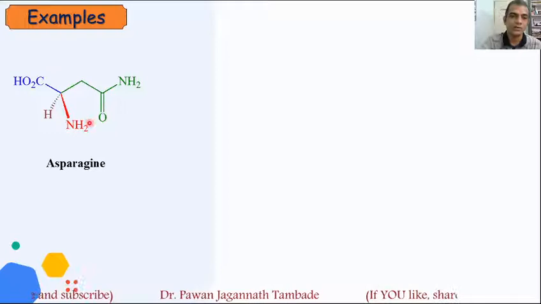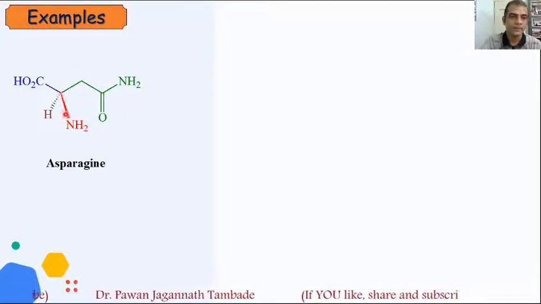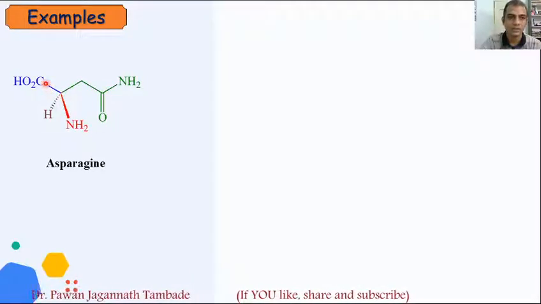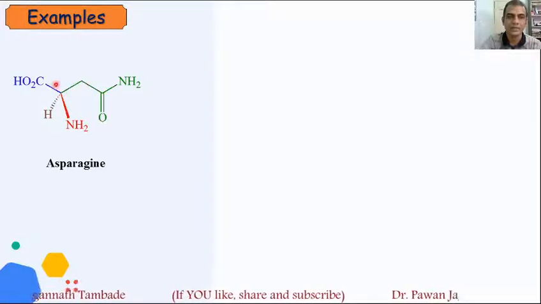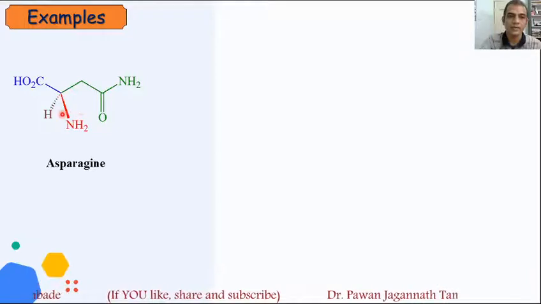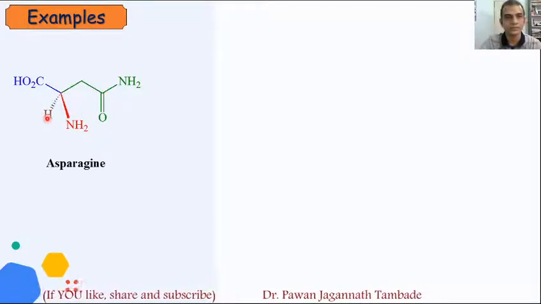When we try to assign priority to these atoms or groups, in this case nitrogen is directly attached to carbon. Here carbon is directly attached to this chiral carbon, and here also carbon is directly attached to chiral carbon. So this NH2 group will get first priority and hydrogen will get last priority.